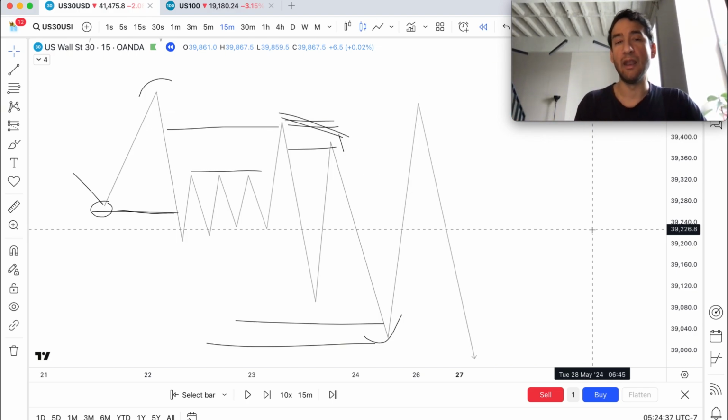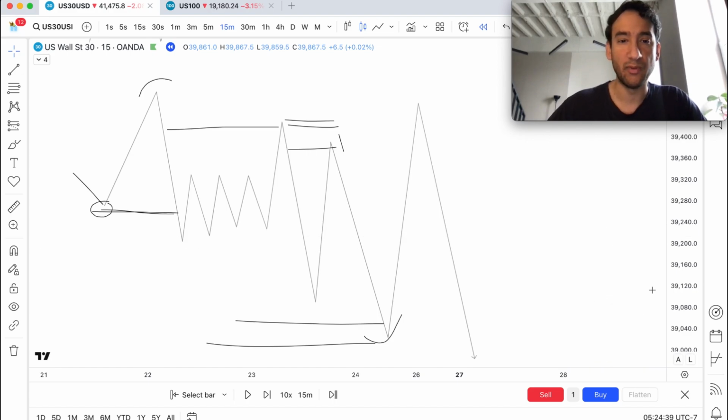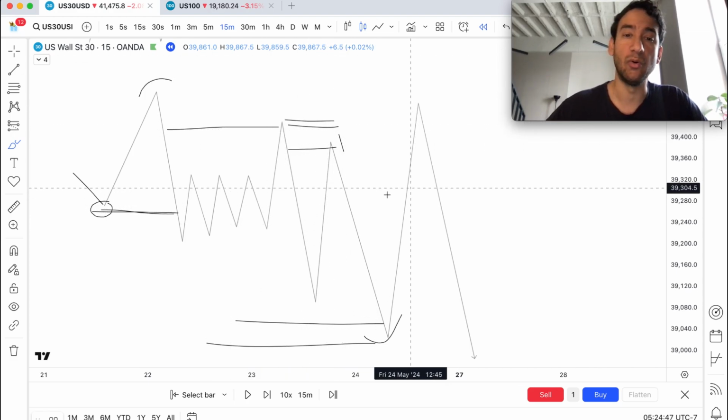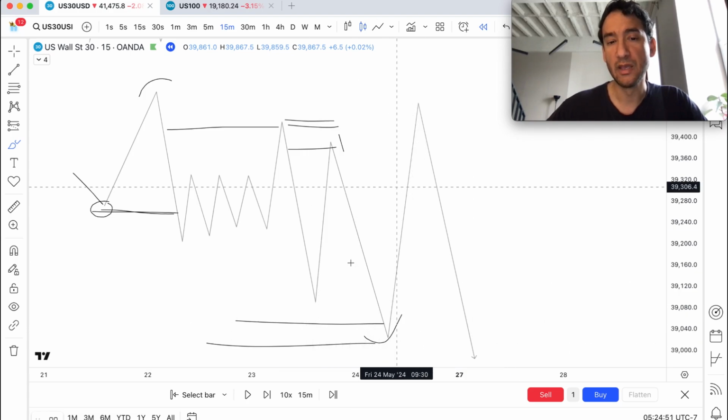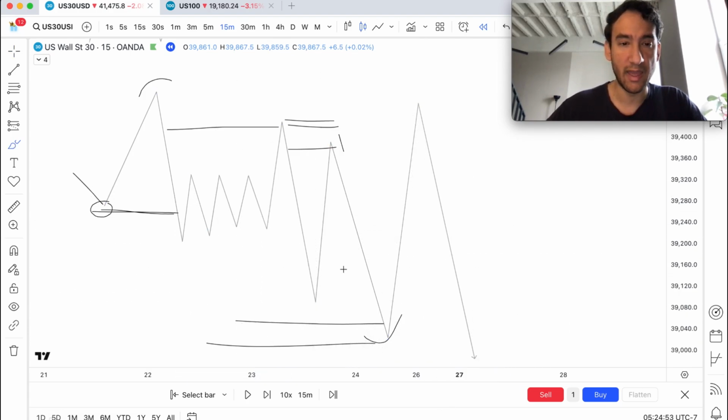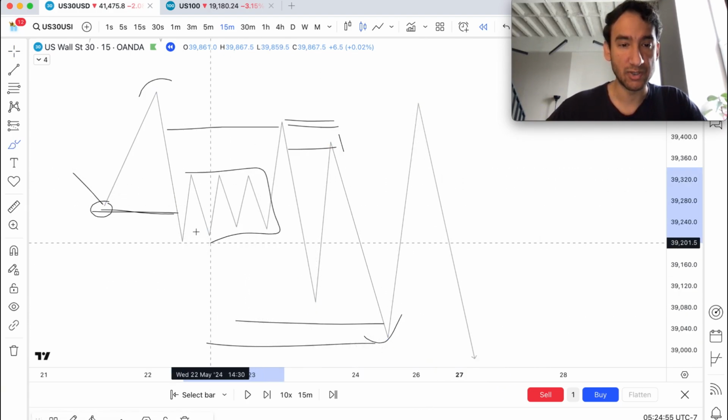So again, what is a high probability setup? Well, the high probability setup is always when there is liquidity in between the sub and minor structure, or between the microstructure. So again, I just want to reiterate that here is your microstructure.